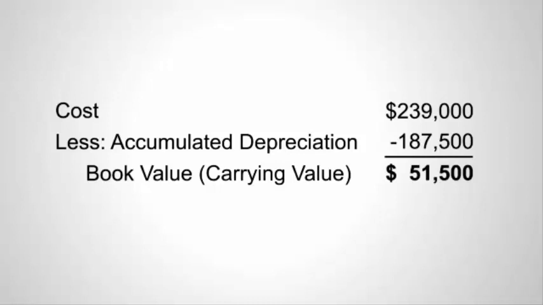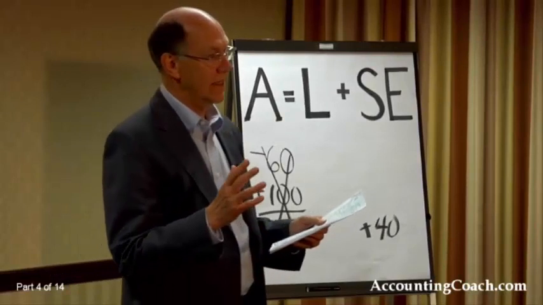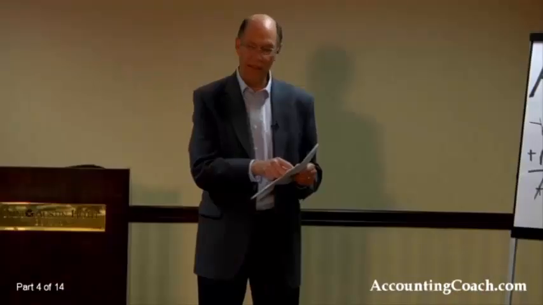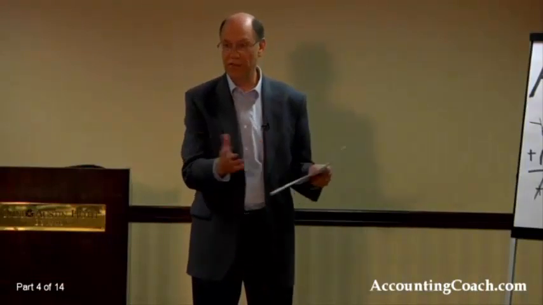And the question is, because that $51,500 is so low and the accumulated depreciation is so high, can we assume then that there were no recent additions for property, plant, and equipment? And that's very logical. It is not absolute, though, because it's possible that maybe it was all fully depreciated already, and now I just bought a new one for $50,000 and stuck it up on top.